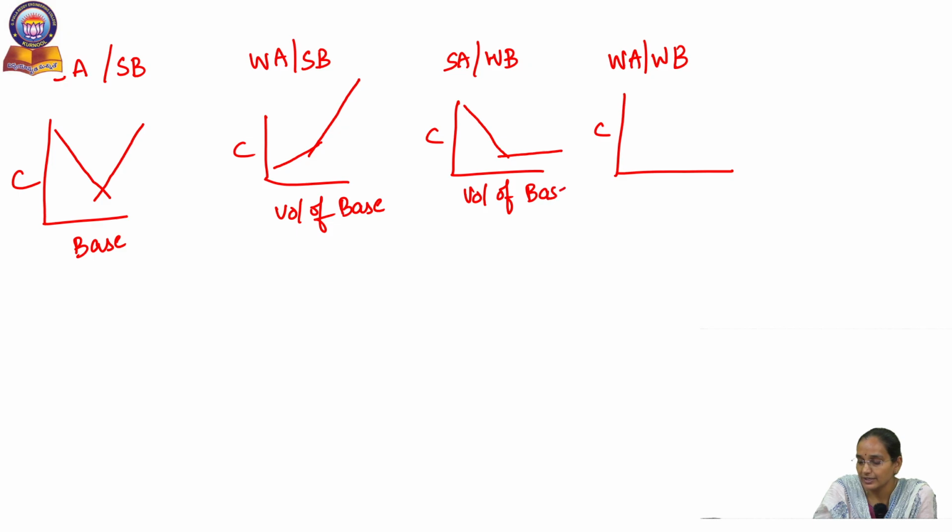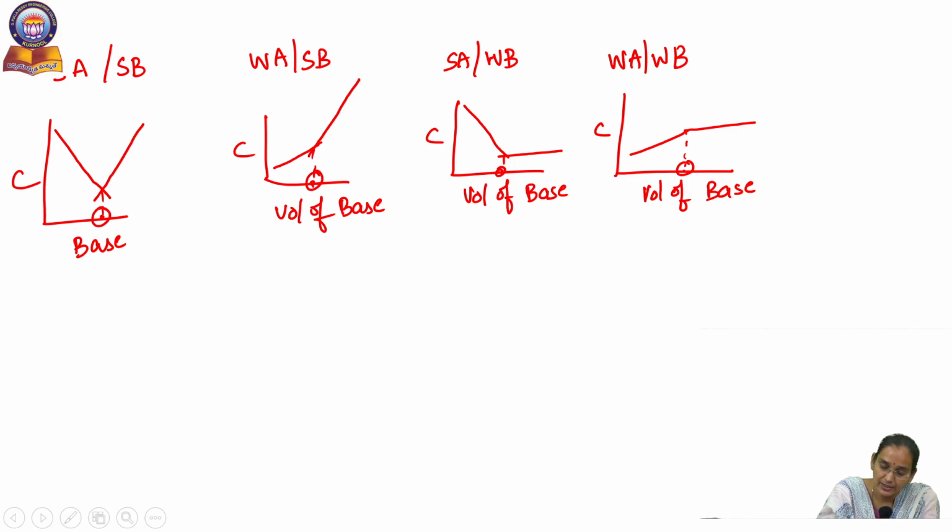Then coming to weak acid versus weak base, with the addition of ammonium hydroxide to acetic acid, the number of ions increases, that too bulky ions, so a slight increase. Then after neutralization, no change in the conductance because there is no change in the number of ions. Intersection of two lines gives the endpoint. Thank you.